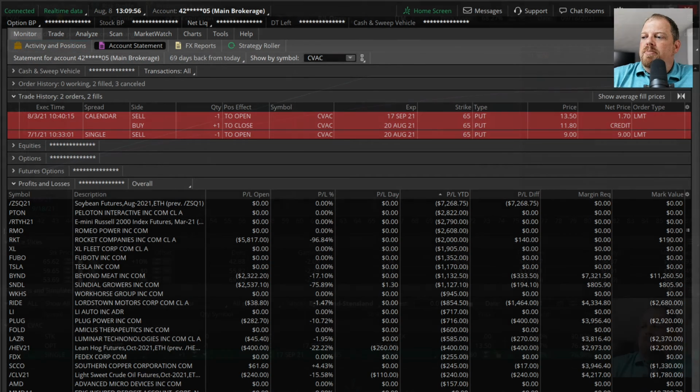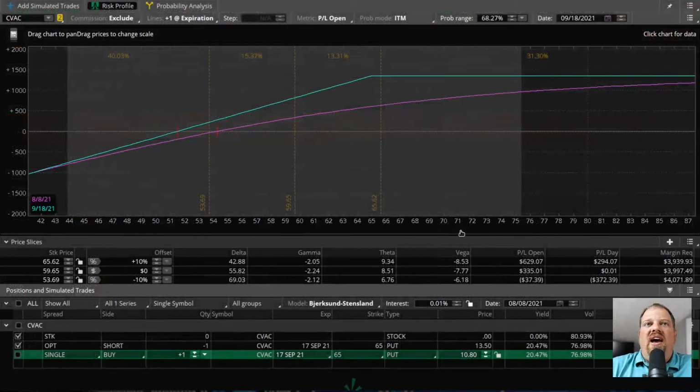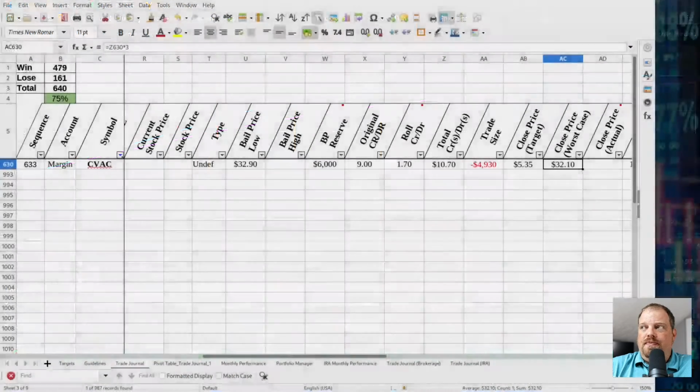So if I go back to the P&L chart, what I have to do now that I know this trade has been managed, whenever I do something to a trade, roll it forward, shift the strike price, anything like that, that trade has been managed. And from that point forward, I basically have to keep in mind and pay attention to my spreadsheet for my tracking of my profit and losses.